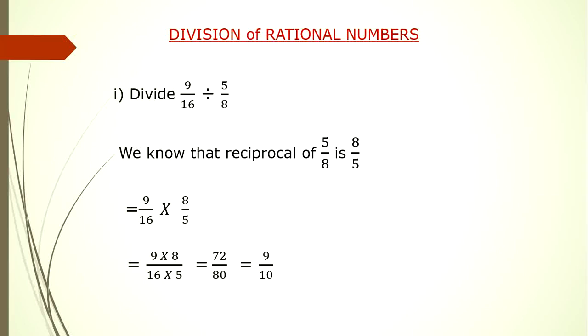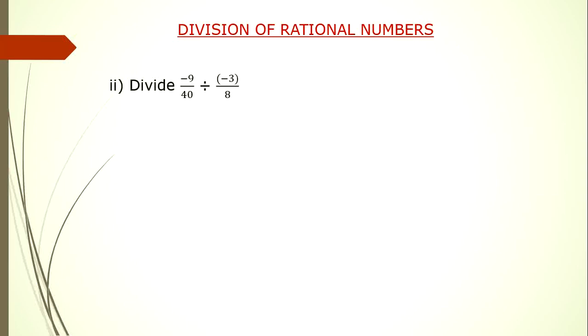Let us, for the confirmation's sake, go for the second example. Divide minus 9 by 40 divided by minus 3 by 8. So here we need to take the reciprocal of minus 3 by 8. And we know that the reciprocal of minus 3 by 8 is minus 8 by 3.